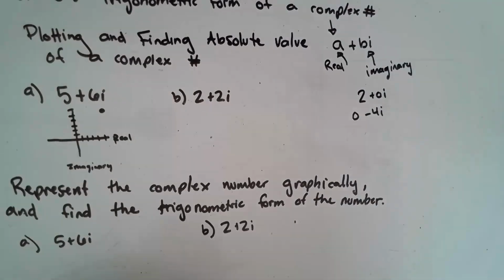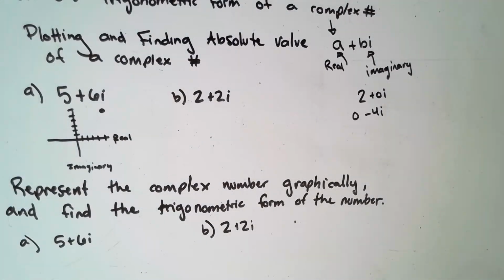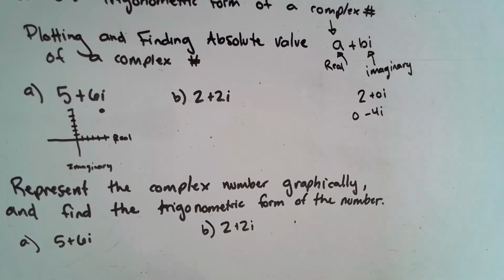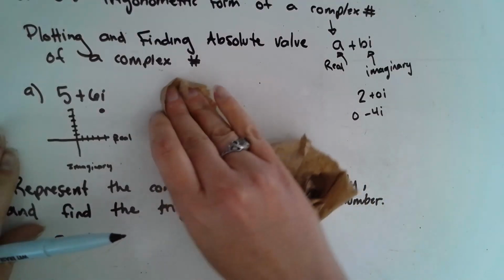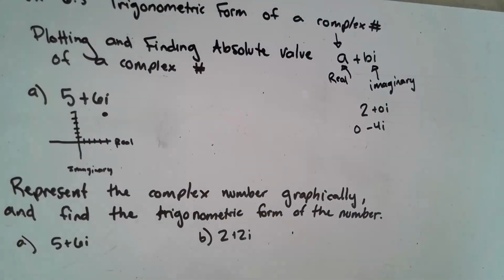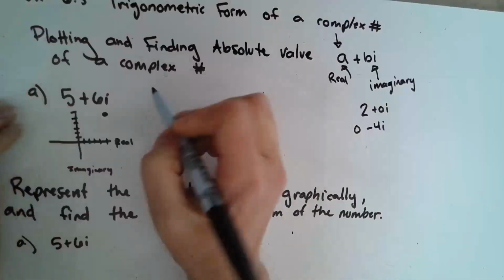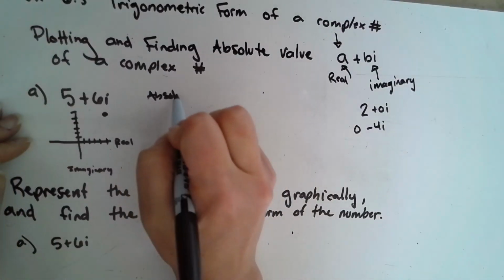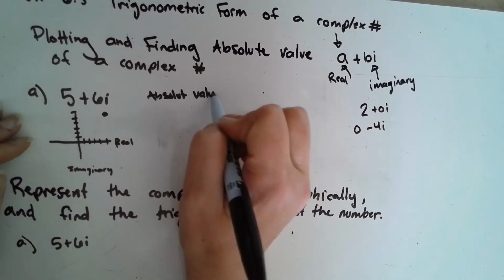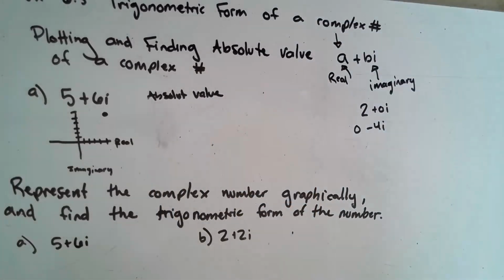Now the next part is the absolute value, and I'm just going to erase this real quick. Normally you think the absolute value just makes everything positive, right? The absolute value of negative 2 is 2.